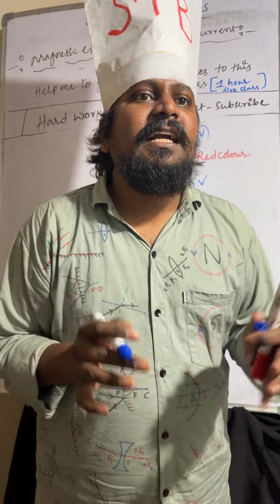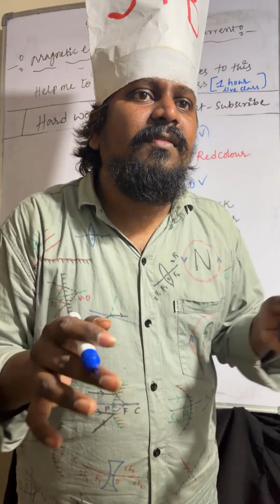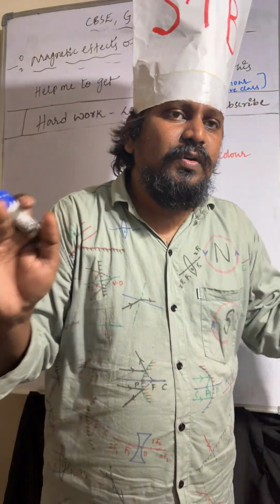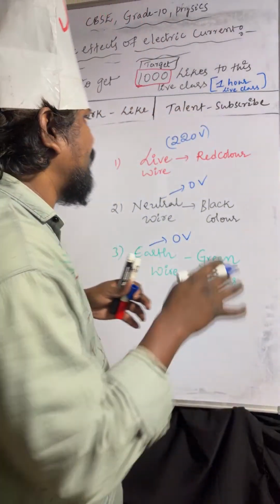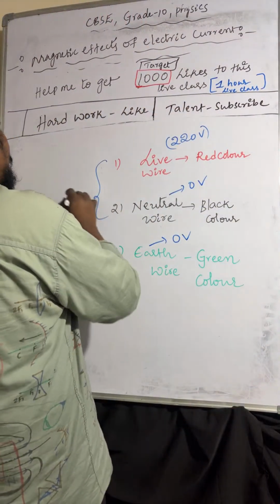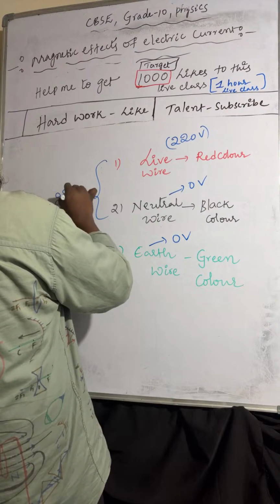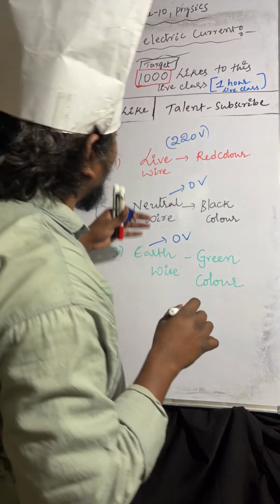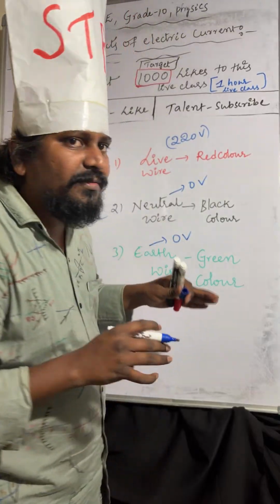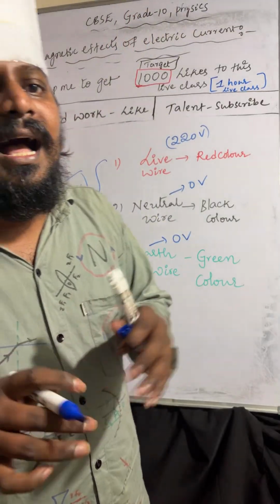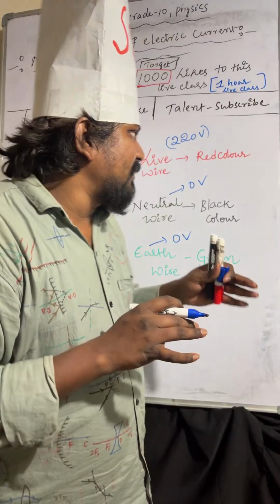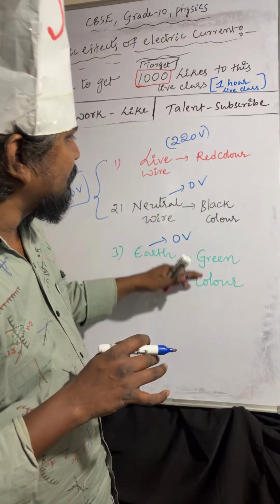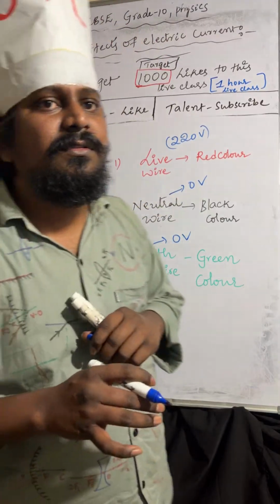The potential of the earth wire is 0 volts. The potential difference between live wire and neutral wire is 220 volts. The potential difference between neutral wire and earth wire is 0 volts. And the potential difference between live wire and earth wire is 220 volts.